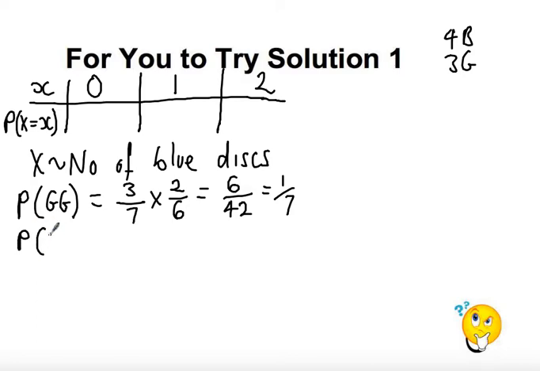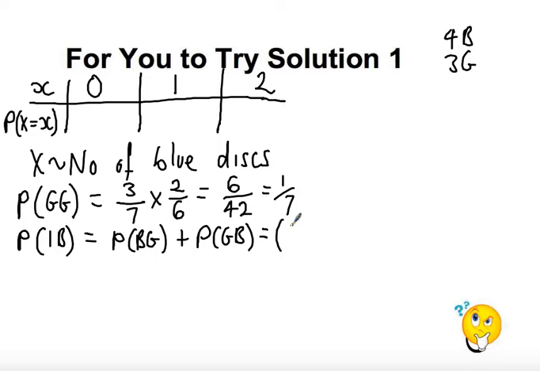Probability of, let's say, 1 blue. Now that's going to be the probability of either a blue and a green plus the probability of a green and a blue. Well, the probability of getting a blue first is 4 out of 7, times 3 greens left out of the 6 counters left.